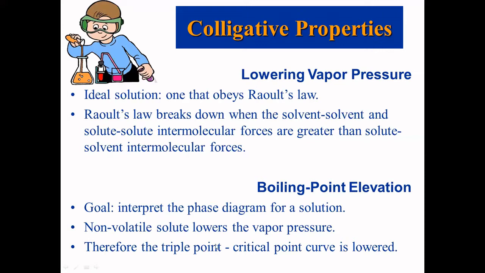Now, in here, in the last bullet, there's a mention about the triple point, or the critical point curve being lowered. Now, I'm not sure if this is already discussed in senior high school chemistry, but I'm just going to give you an idea what this triple point thing is. But I'm just curious if anybody knows what this triple point is.